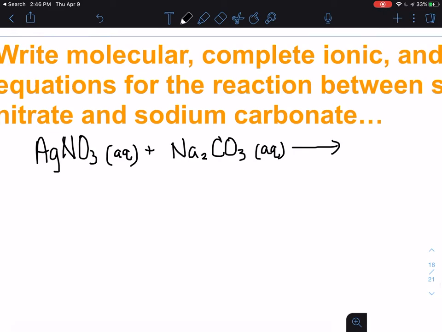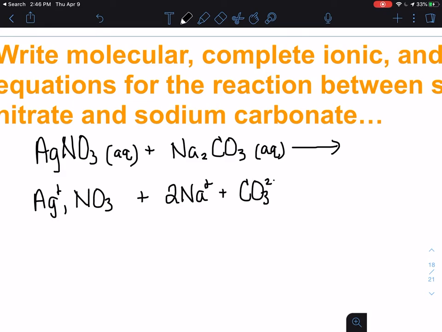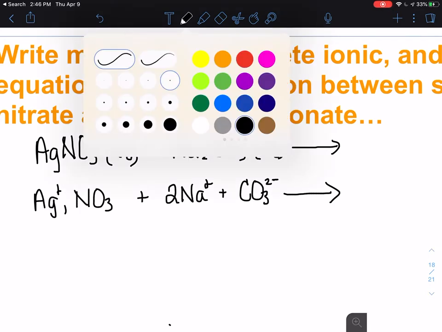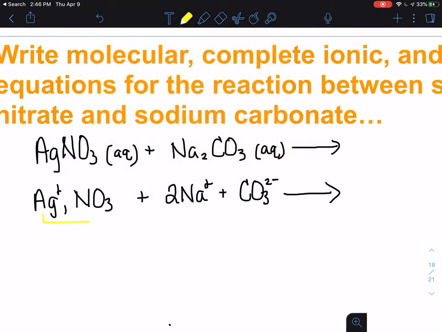I'm going to break these up: Ag plus, NO3 minus, plus, again, I'm able to break these up because they're all aqueous, Na plus, plus CO3 2 minus. Now I'm going to take the cation from the original and pair that up with the anion from the second compound.